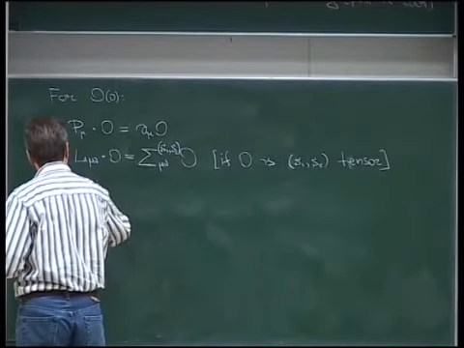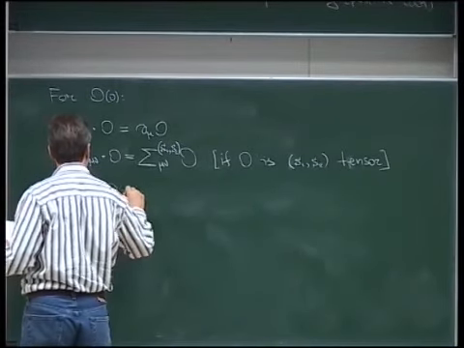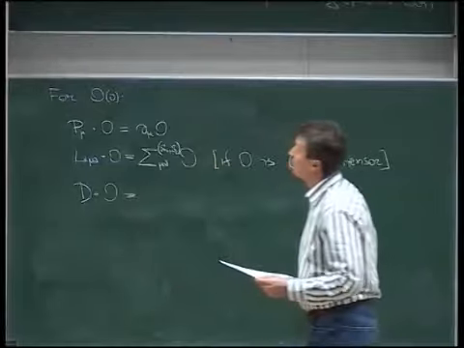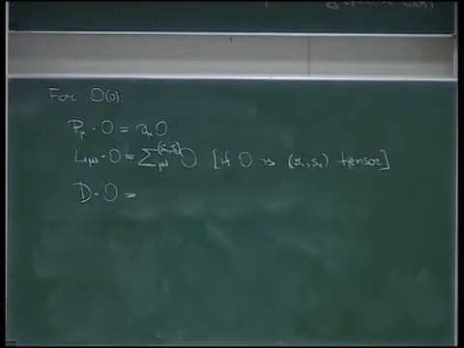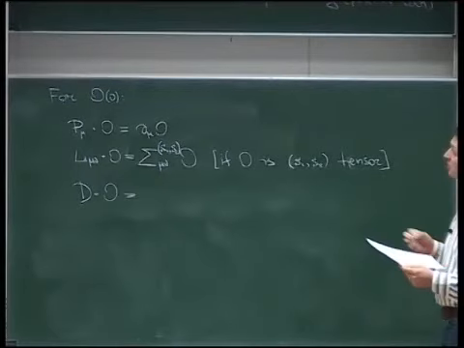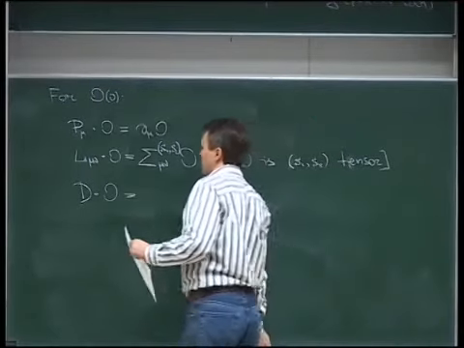Now, if we act by dilatations, then only the middle term in this equation is important, because the last term vanishes because of the anti-symmetry of sigma. The first term vanishes because we evaluate everything at 0.